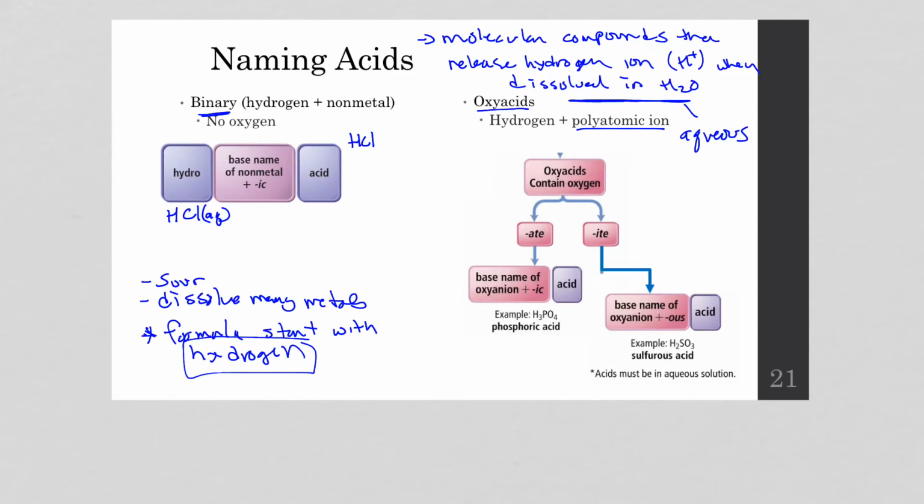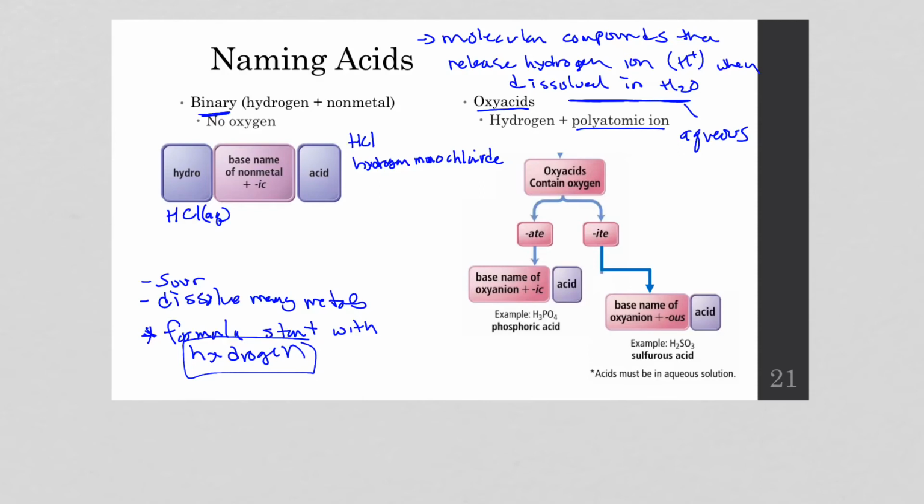If we had HCl gas, right, it would be hydrogen monochloride. Just like we did with the molecular compound. But by putting that (aq) there, we specify, oh, it's dissolved in water, it's going to function as an acid, right?